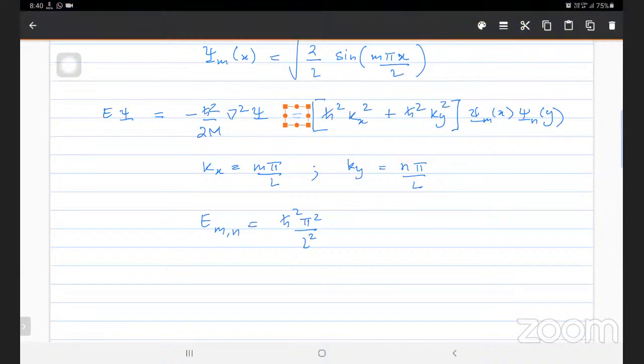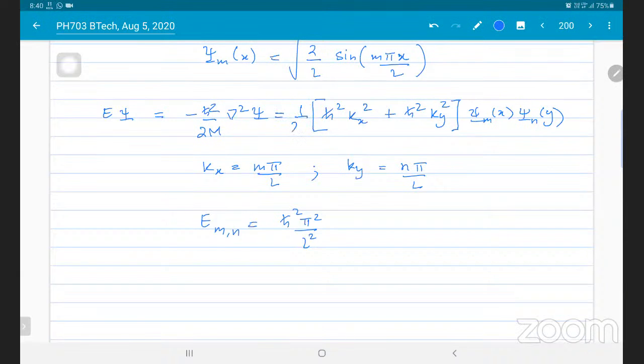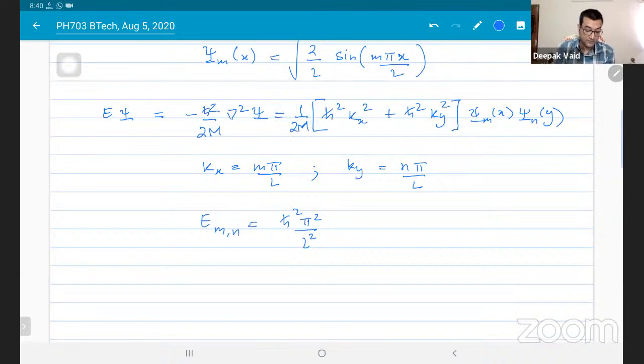I forgot the factor of 2m. So h bar square pi square by 2m L square times m square plus n square. So these are the energy eigenvalues.